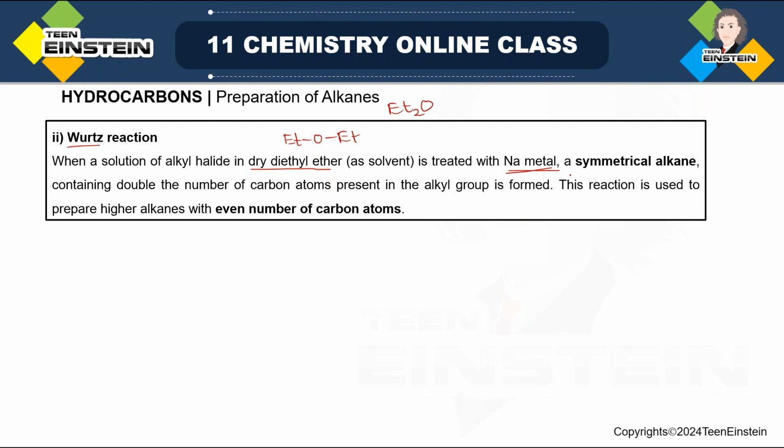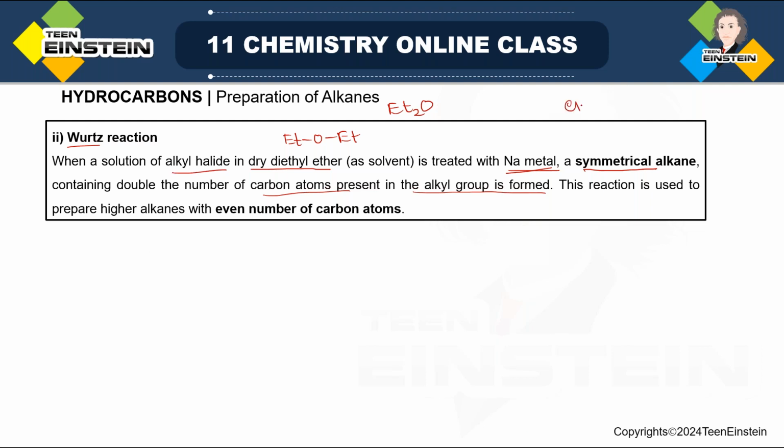And remember, in this method you are not just getting any alkane, it is always a symmetrical alkane that you are getting. That is the unique nature of this reaction. Why it is so? When you see the mechanism, it will be clear. A symmetrical alkane containing double the number of carbon atoms present in the alkyl group is formed. That means the starting alkyl halide that you started with.